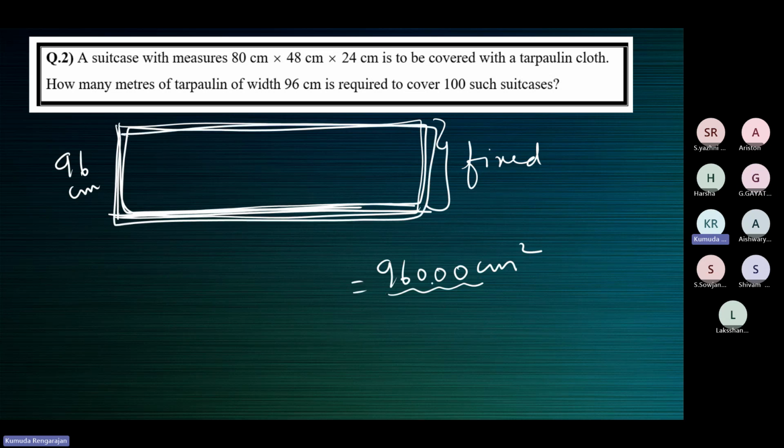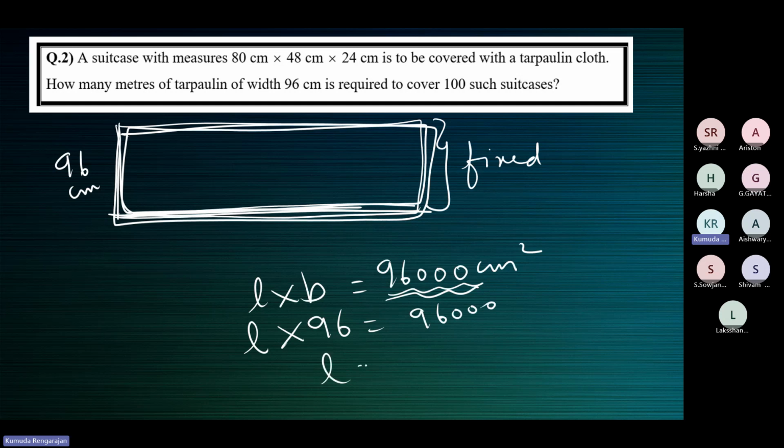How do you calculate the area of a rectangular fabric? L into B. You don't know how much length to buy, but the breadth is fixed, so L into 96 is equal to 96000. So L is equal to 96000 divided by 96. So L is equal to 1000 centimeters.